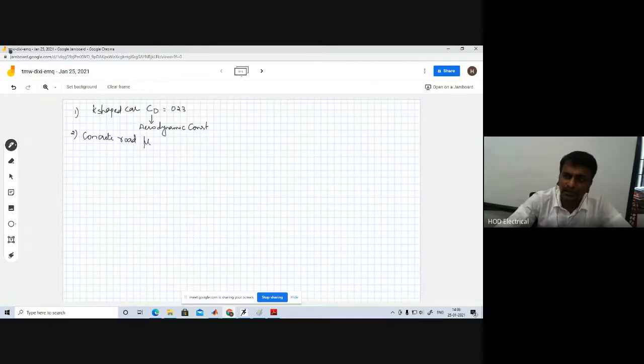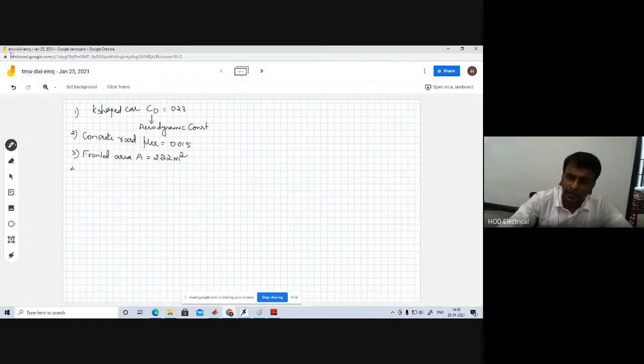Then we are choosing a concrete road, which has a rolling resistance constant of 0.015. Then the frontal area of the car, A, is 2.22 meter square.